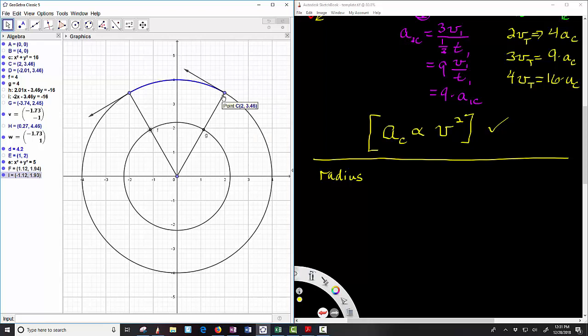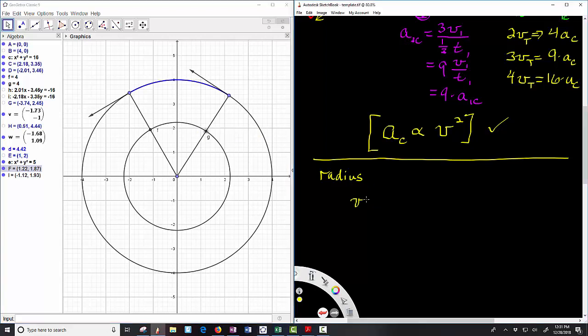Let me show you. So if I move this, you see how this other one moves along with it? And so what you should notice is, if I have the same speed at a shorter radius, the arc length is less. So we get less distance with the same speed. So let's go back to that.